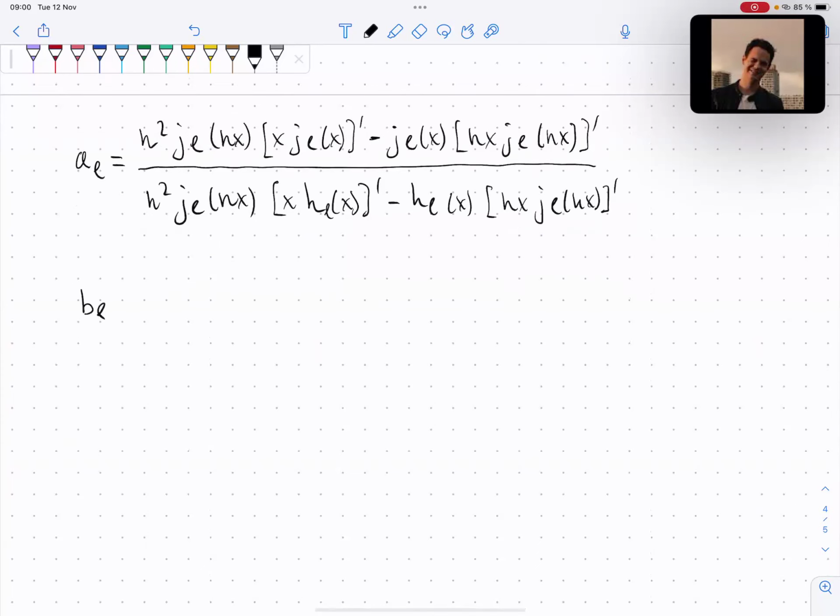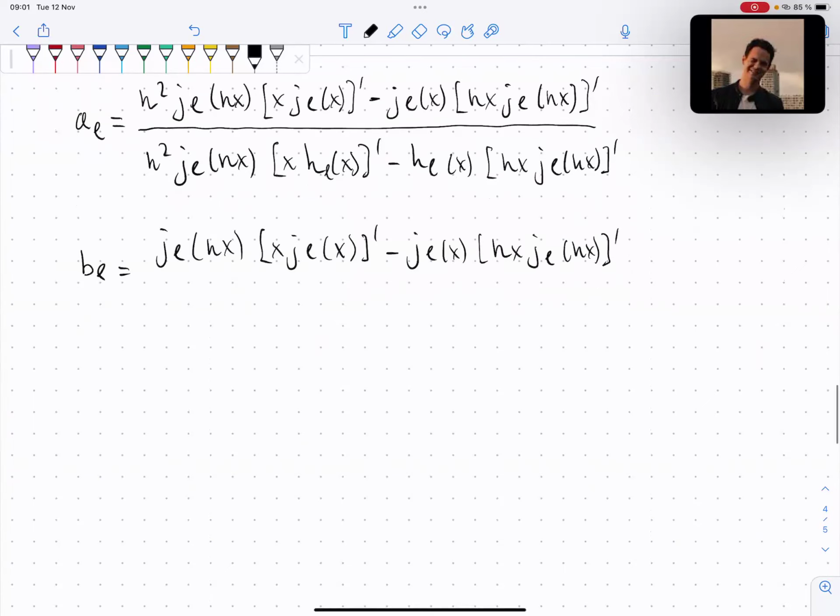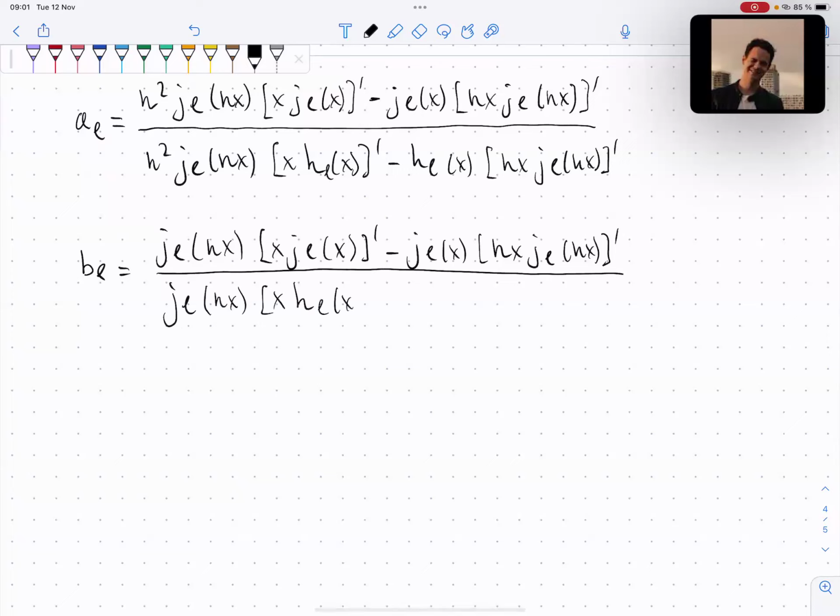And the coefficient b_l equals j_l of nx, [x j_l of x] prime, minus j_l of x and [nx j_l of nx] prime, divided by j_l of nx, [x h_l of x] prime, minus h_l of x multiplied by [nx j_l of nx] prime.